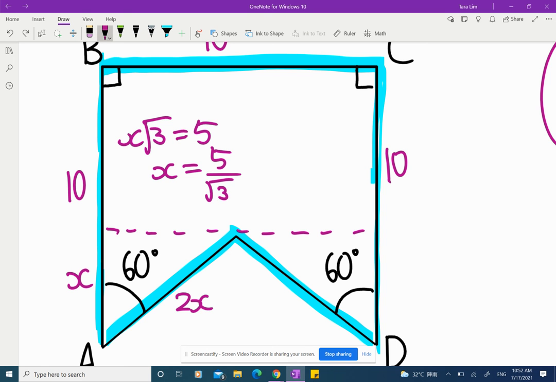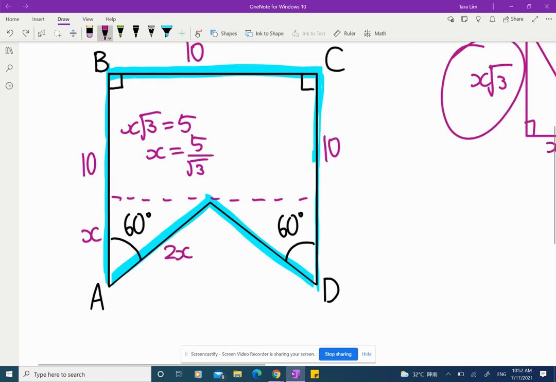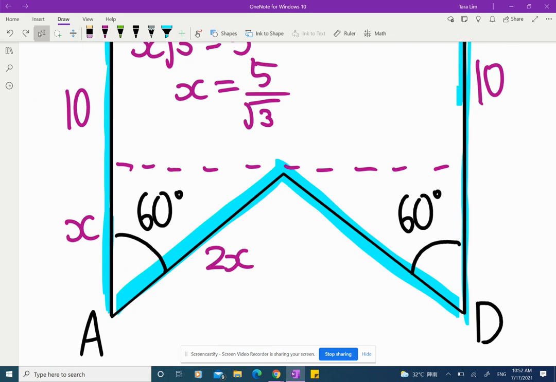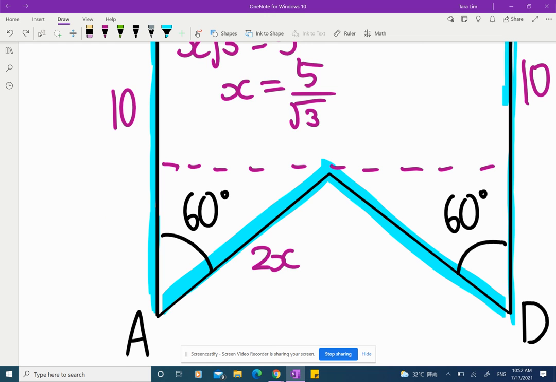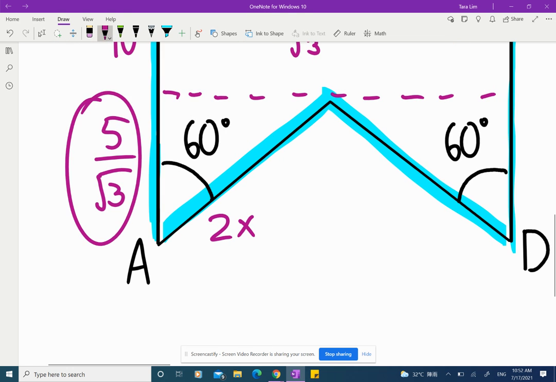Now let's just write it out like this because there's no decimal here, so we can just write it out like that. It will save a lot more time. So we know that x is 5 over square root 3. Now what is 2x? 2x means 2 times x.